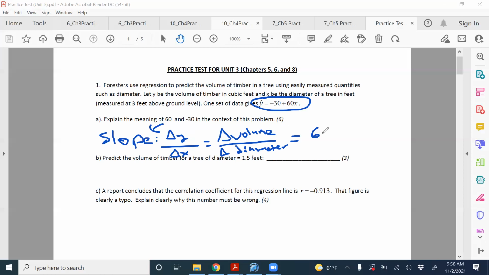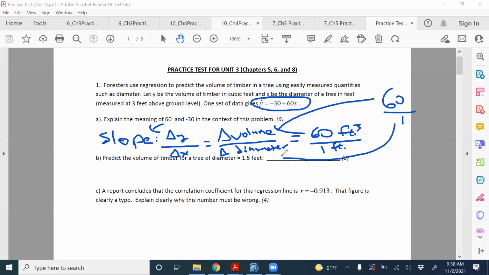So what this means is that there's 60 cubic feet for every 1 foot of diameter. If you think about it, 60 is a fraction, 60 over 1, where 60 is the volume and 1 is the diameter. So every time the tree gets a foot wider, every time the diameter increases by 1, you gain 60 cubic feet of volume.